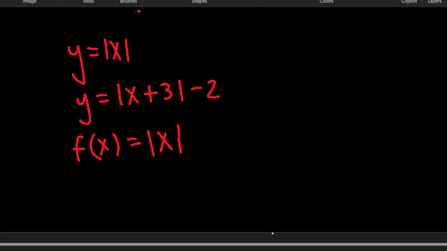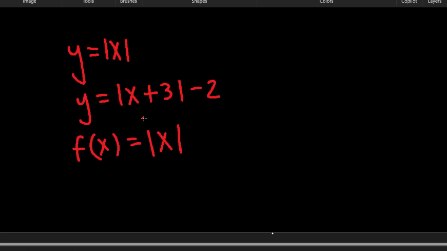Now, what if we wrote the transformations in function notation? Let's say f of x is equal to the absolute value of x, and we decide to move it left by 3 and down by 2.